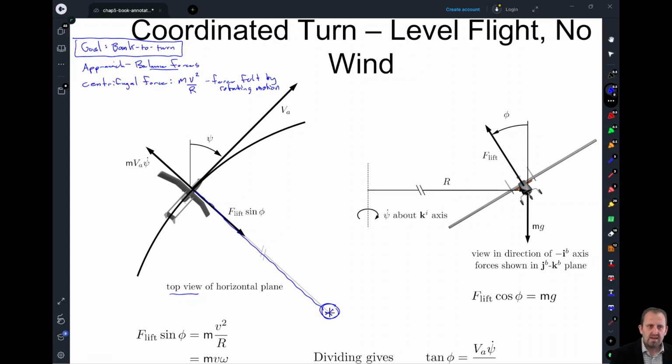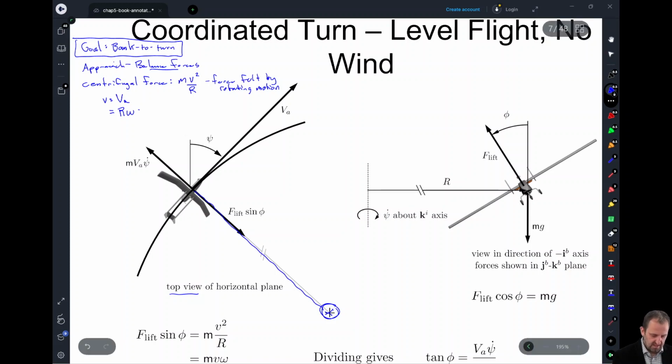And we can look to see what V is. V is just our velocity, and in the no wind condition, it's going to be V_A. We can also write a relationship between the rotating motion and the radius at which you're traveling, so V is also equal to R times omega, where omega is our rotational velocity.